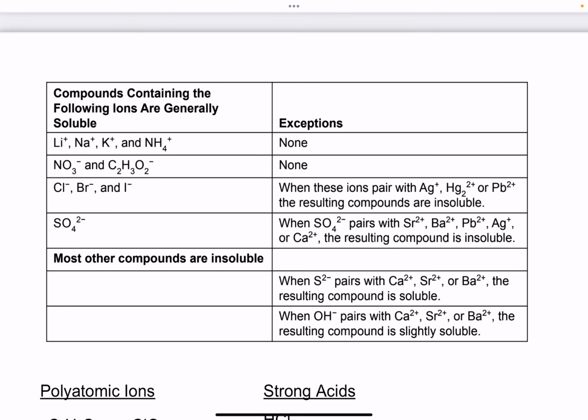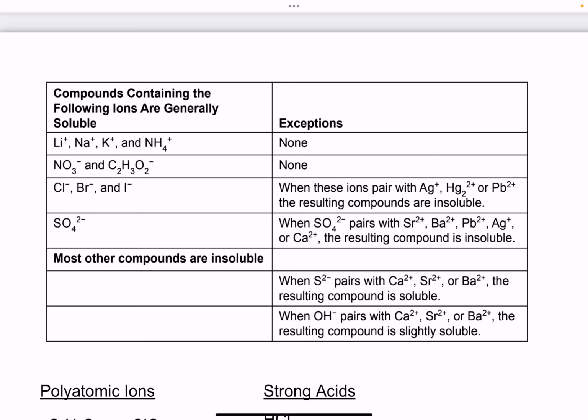Chlorides, bromides, and iodides, except for when paired with silver, mercury, and lead. I said thallium. Okay. So if chlorides, bromides, and iodides are with other stuff, iron, sodium, cobalt, any of those, it's going to be soluble. These are the exceptions.